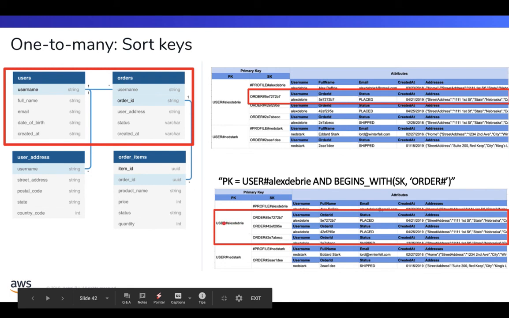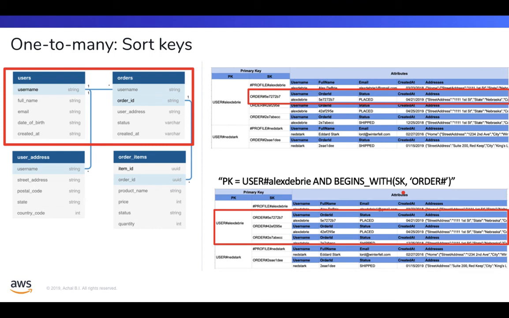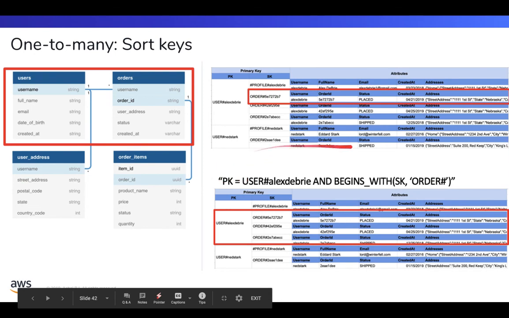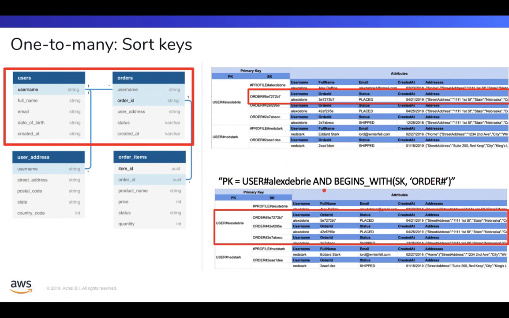If you want to retrieve all the orders of the user Alex Debris, you would say the primary key is user hash Alex Debris, and it begins with order hash. This whole thing has to be constructed from the application end, but that is the trade-off with NoSQL.